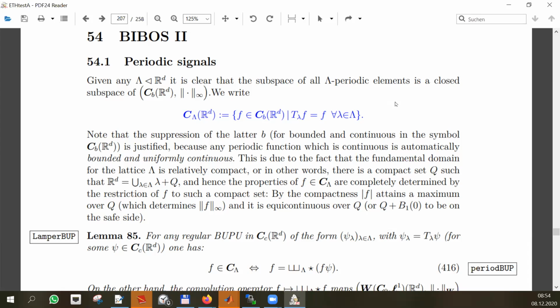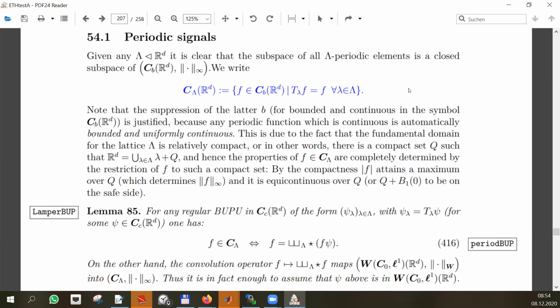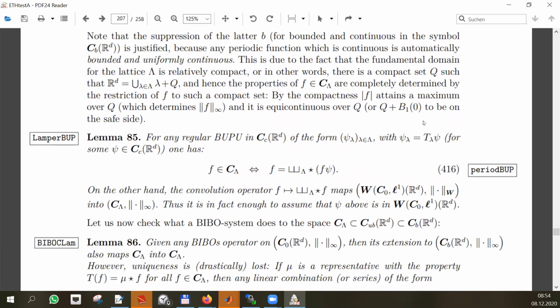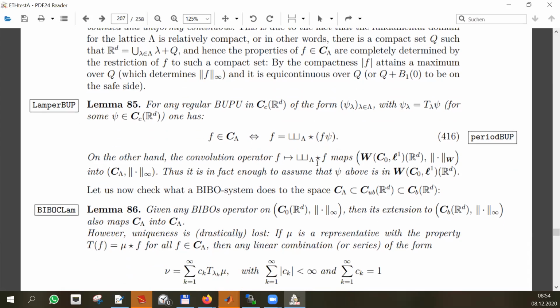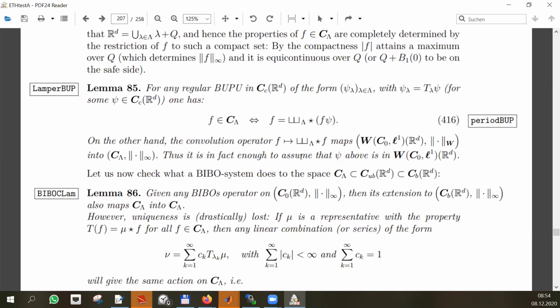But what I want to do now is, once more, now in the setting of continuous bounded functions, this statement that every function which is continuous and lambda periodic is obtained by localization.